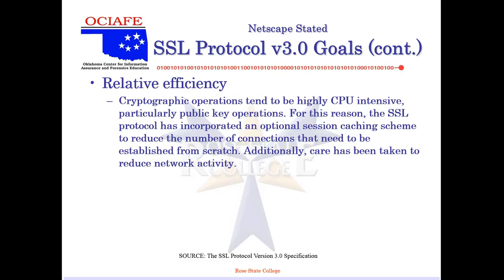Relative efficiency, which means you want to make sure that it's very sleek, very narrow focus so that you're not going to have to kill your system, like we talked about with the psychological John Doe.